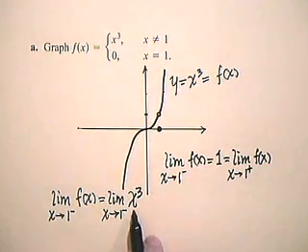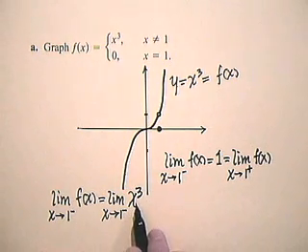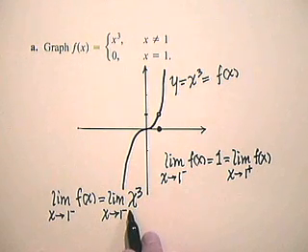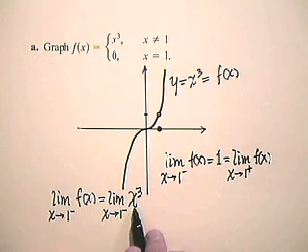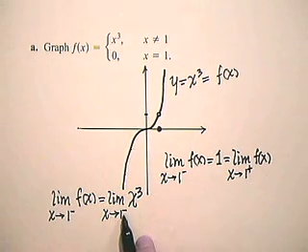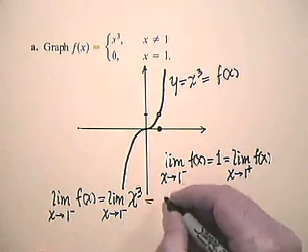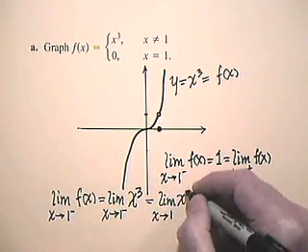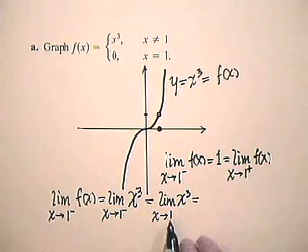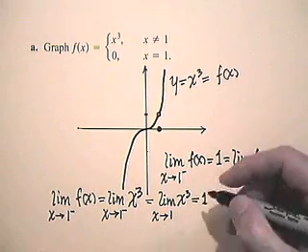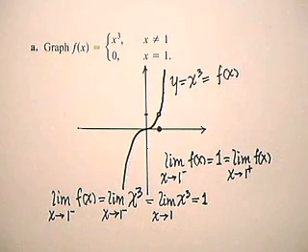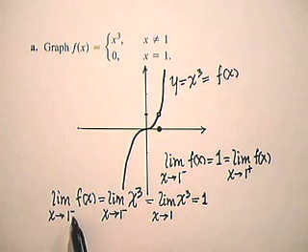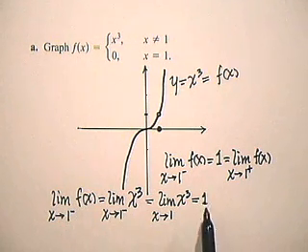But x cubed has a two-sided limit at x equals 1, namely 1. And so since it has a two-sided limit, its two-sided limit must equal the left-hand limit. So therefore, we have the limit as x approaches 1 of x cubed, which we know is 1. So that's an exact proof that the left-hand limit of f of x as x approaches 1 from the left is equal to 1.